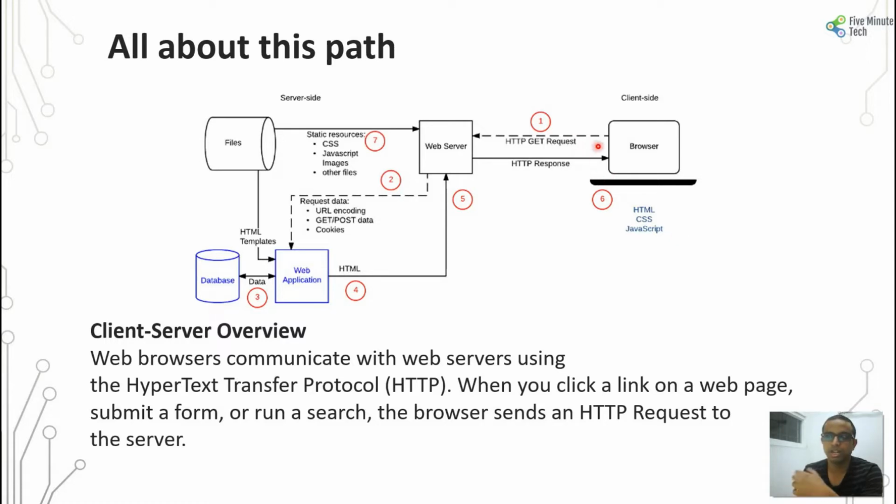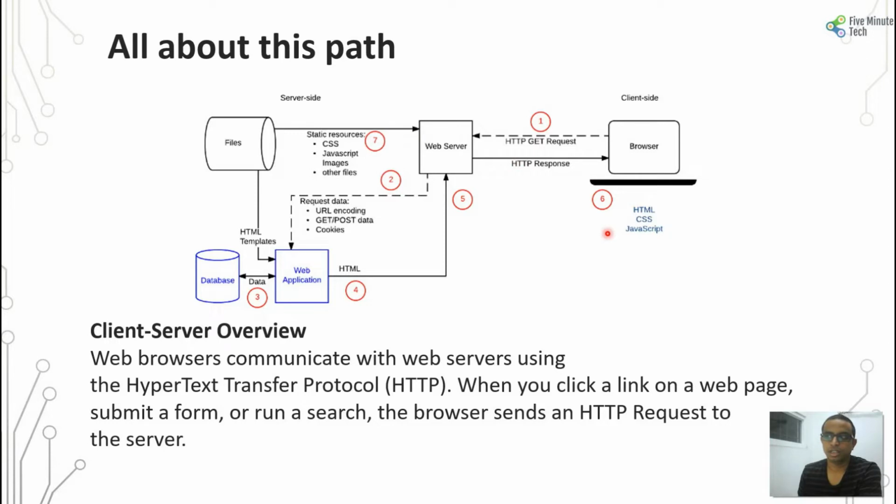As soon as you do an event, you launch the website, or you click on a button, an HTTP GET request is pushed to the server side, that is the web server, and the web server redirects it as request data with a URL encoding or get post data, cookies, etc. into a web application. The web application is responsible for fetching the data and in turn translates it into an HTML to the web server, and the web server provides the HTTP response.